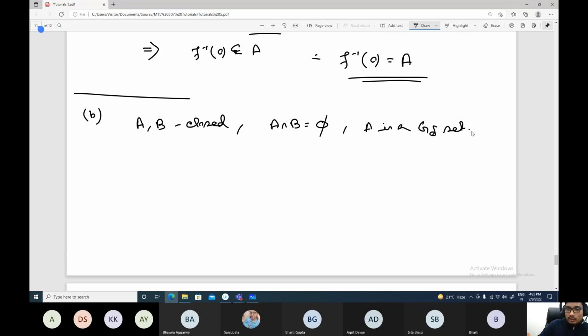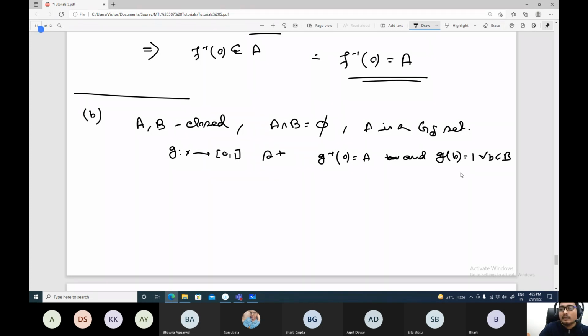And you have to find some g from X to [0, 1] such that g inverse of 0 is equal to A, and g of b is equal to 1 for all b belongs to B.